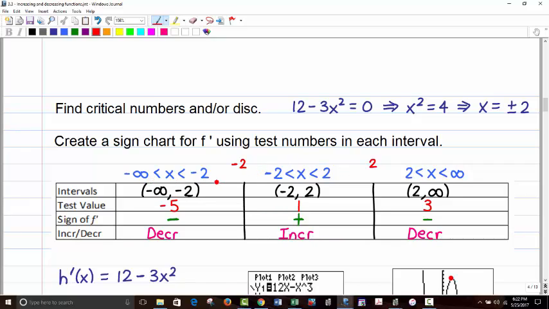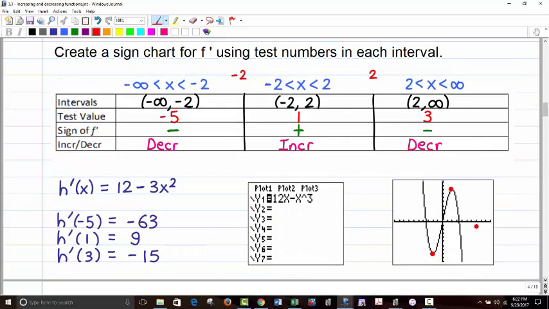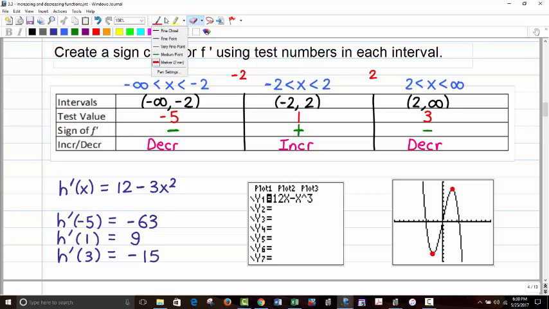Basically put the real number line on it, with negative 2 and positive 2 as the separation points. So I'll do test values. Something less than negative 2, so I picked negative 5, and you plug in negative 5.